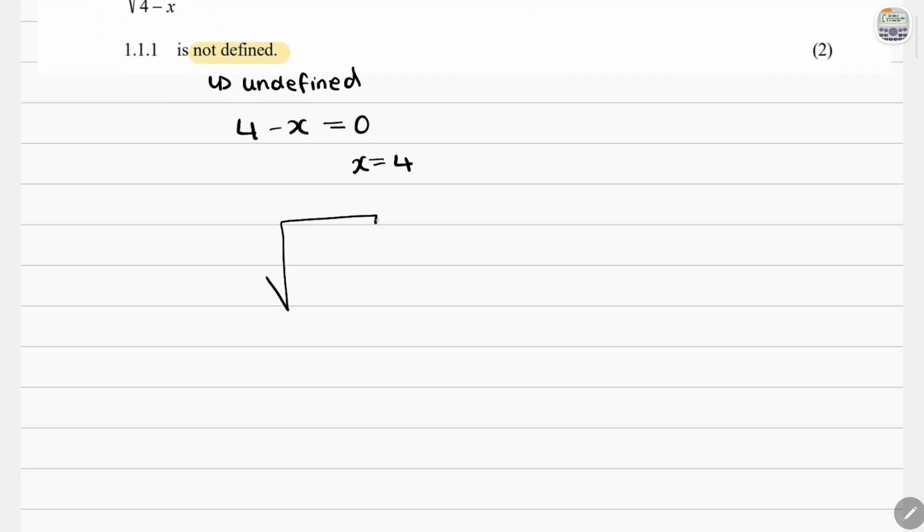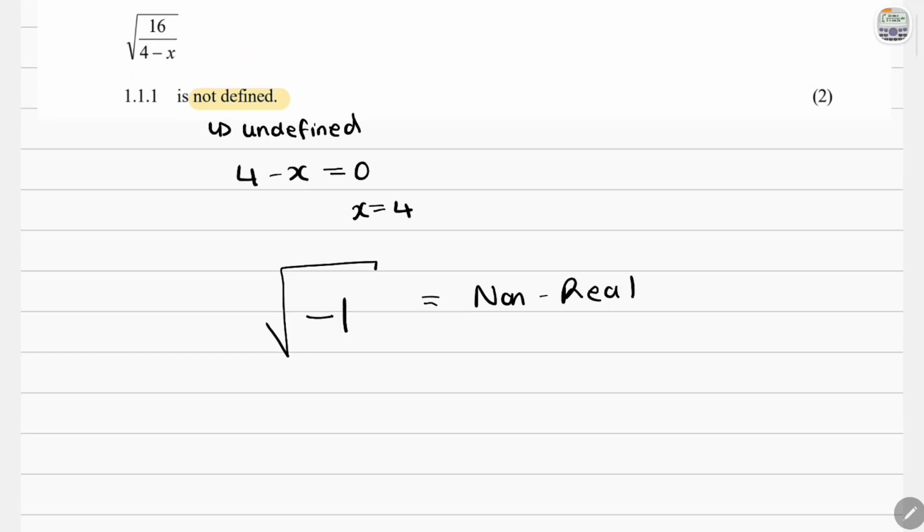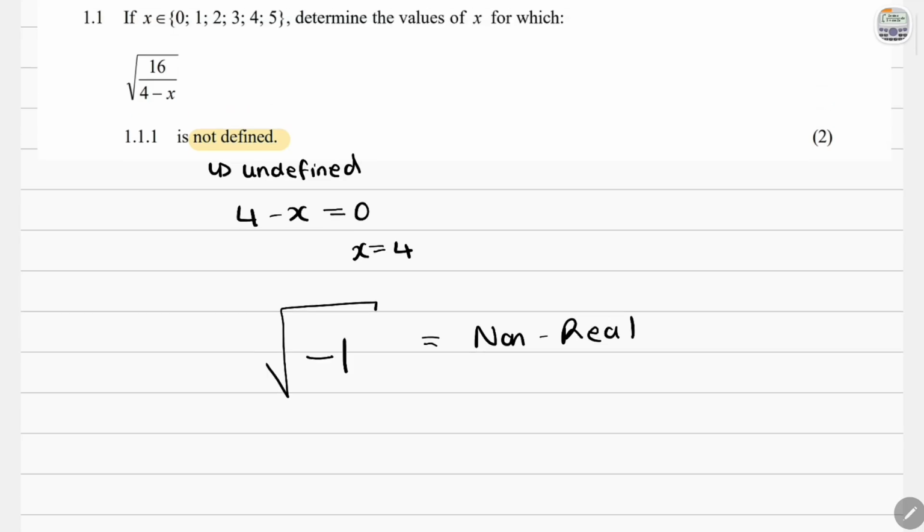And non-real numbers would be when you square root or find the 4th root or the 6th root, as long as the root you are using is an even number and you have a negative number, then this would be non-real. This is not the same thing as undefined. Undefined would mean there is no single number that can be used to define the value of this expression, if the denominator is equal to 0.